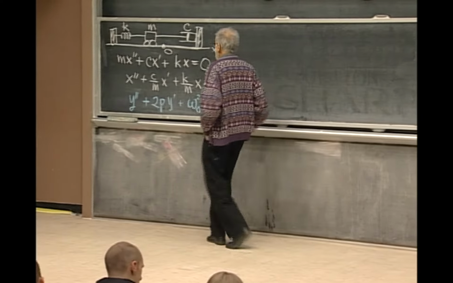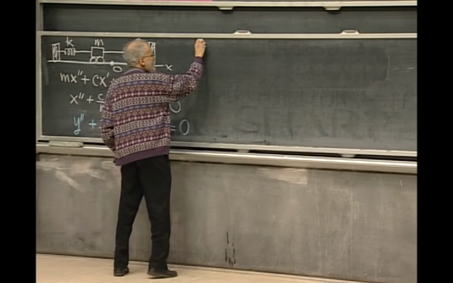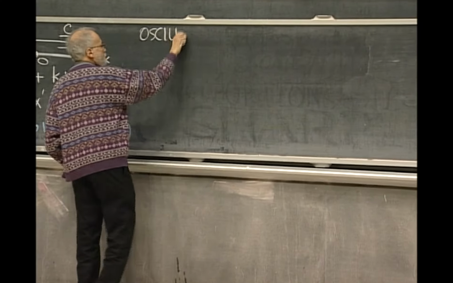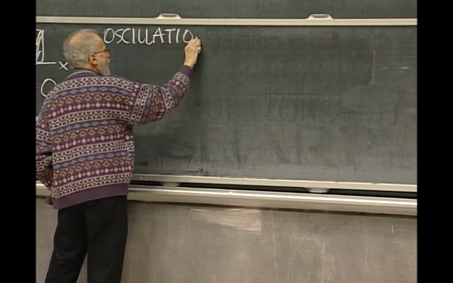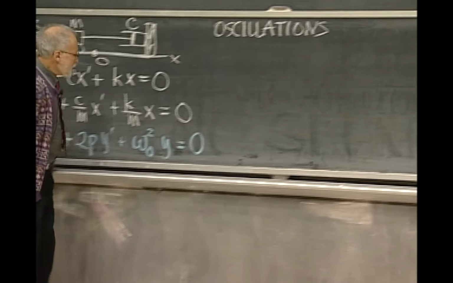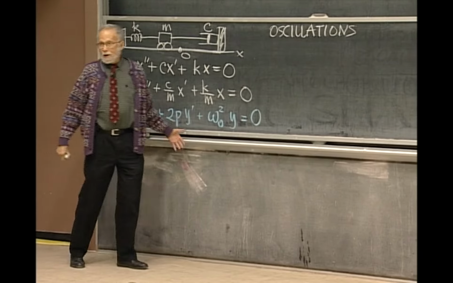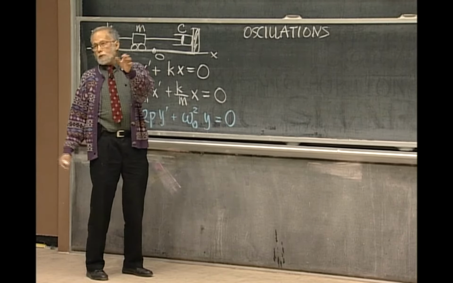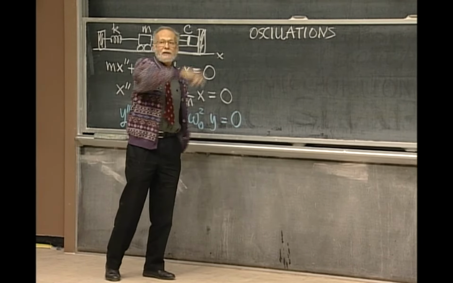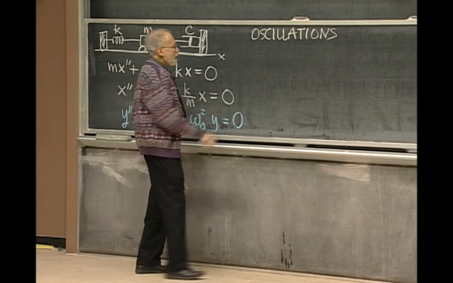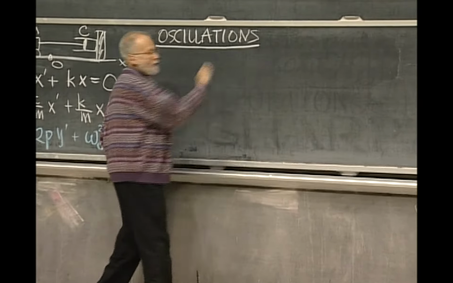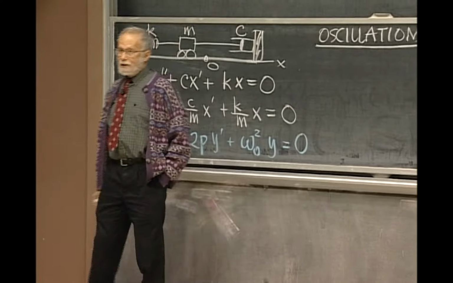Okay, now we're interested in the case where there's oscillations. In other words, I only care about the case in which this has complex roots. Because if it has just real roots, that's the overdamped case, and I don't get any oscillations. Oscillation is by far the more important of the two cases.